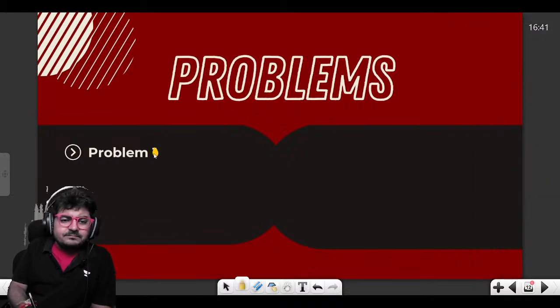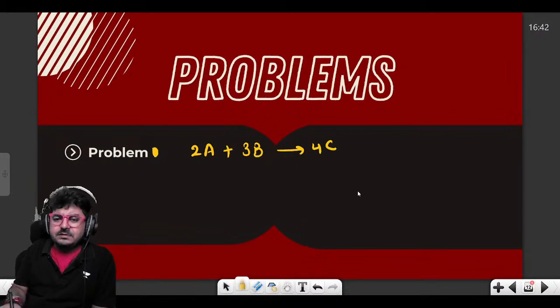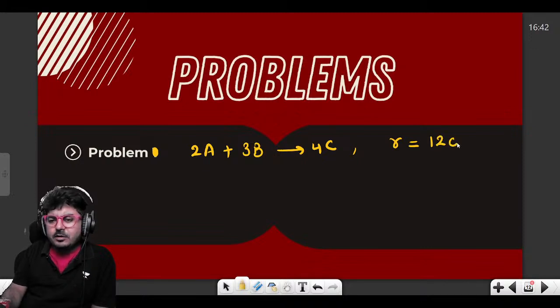So this is the problem. Suppose we have a reaction 2A plus 3B gives 4C, and the rate expression R is given as, suppose, 120 CaCb.